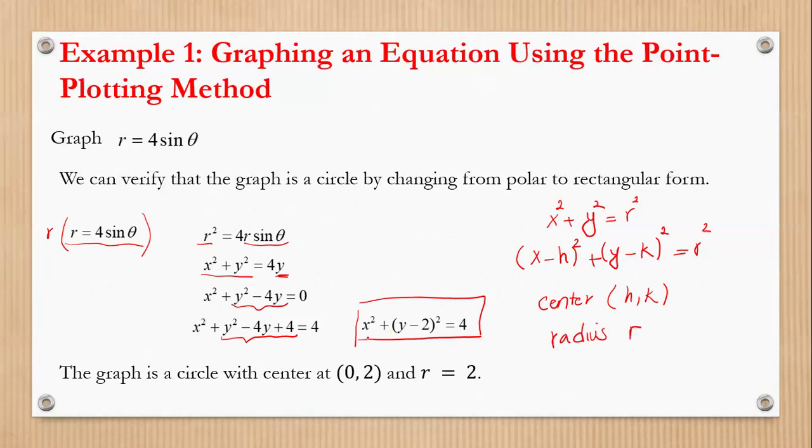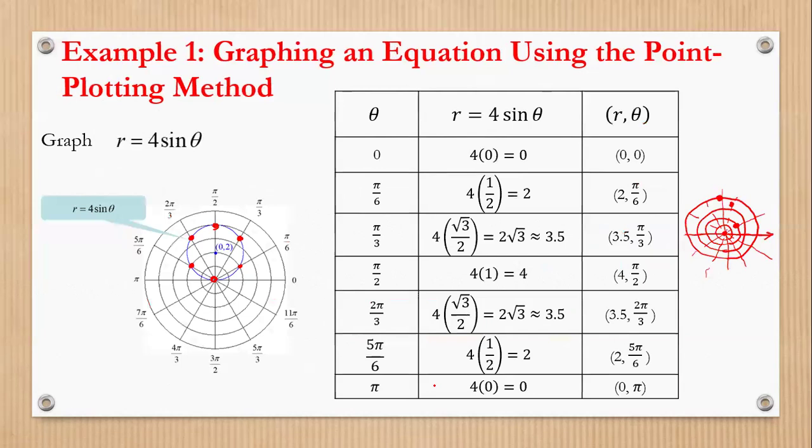Since there is no parenthesis for x, that means h is 0, and k is 2. So 0 and 2 is the center of the circle, and the radius is 2. So we must have a circle at point 0 and 2 with radius 2. And that's what we get from the equation in polar coordinates as well.